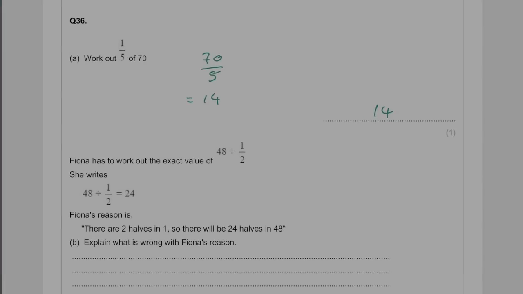If I was criticizing her reasons, I would say there are 2 halves in 1, so there will be 96 halves in 48. That would be the correct reason. So what is wrong with her reason?